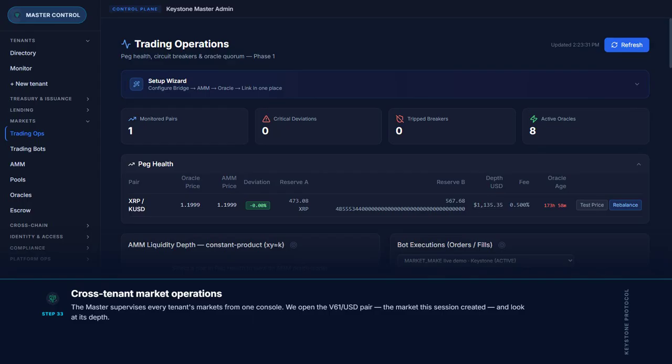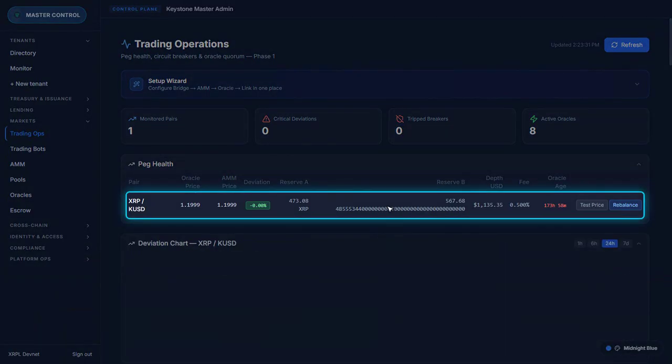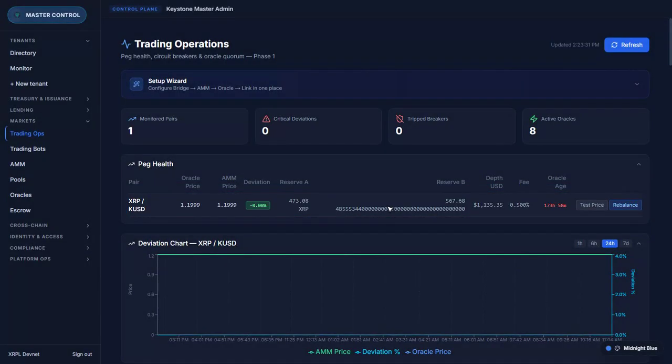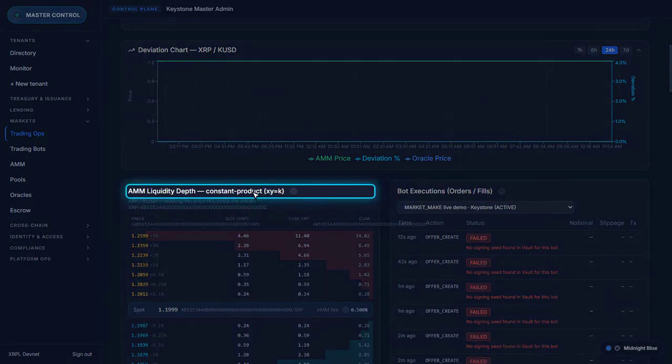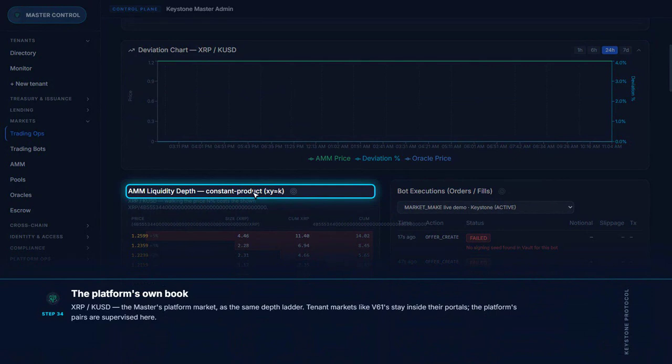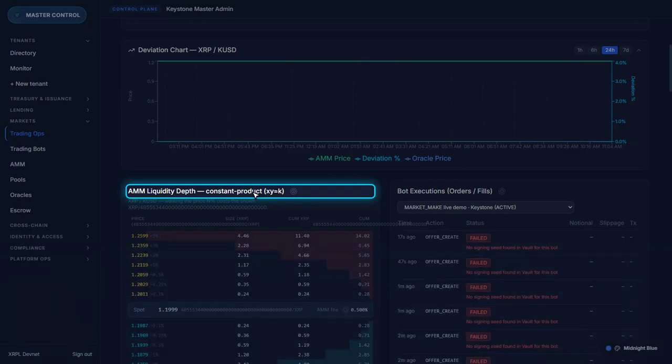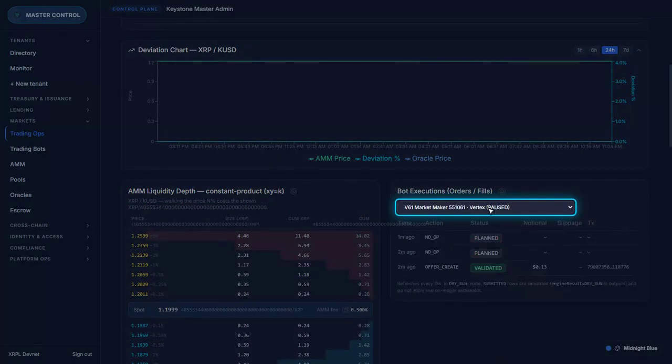We open the V61 USD pair, the market this session created, and look at its depth. The platform's own book, XRP CUSD, the master's platform market, as the same depth ladder. Tenant markets like VER61 stay inside their portals. The platform's pairs are supervised here.